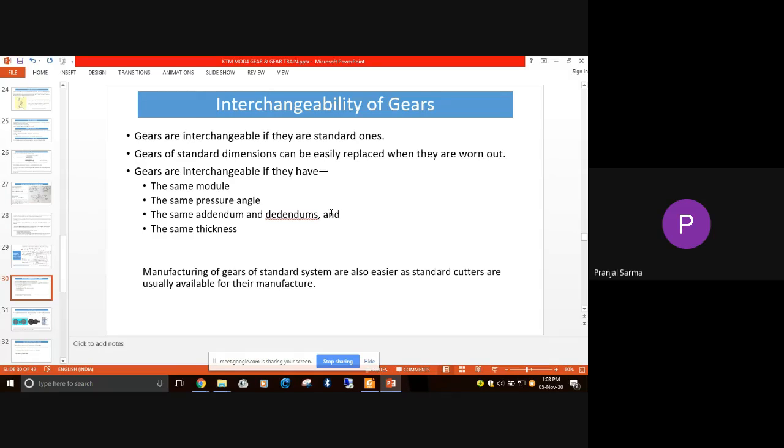Different societies have different manufacturing systems, but each has its standard. Sometimes the requirement may be for other interchangeable gears, or a conjugate pair of teeth you might have to develop. That is also possible, but you have to go for specialized manufacturing methods, which may be more costly.